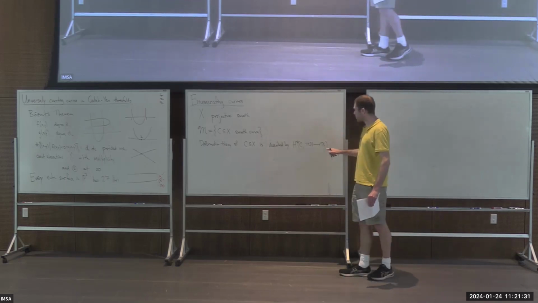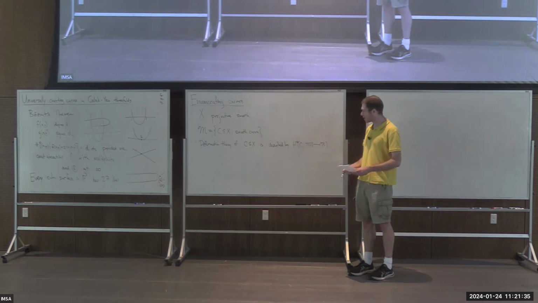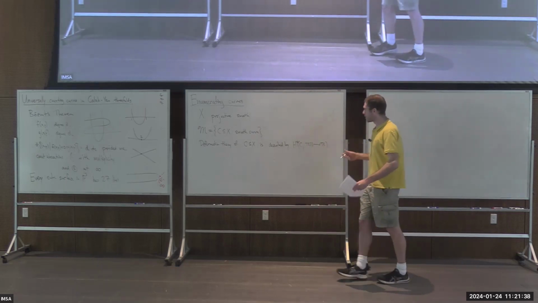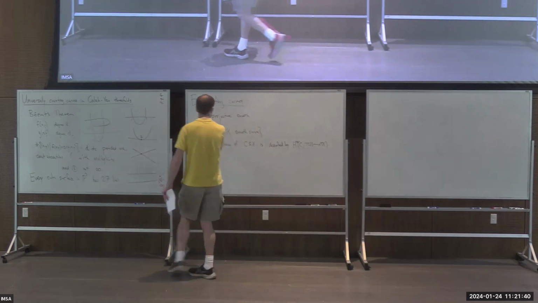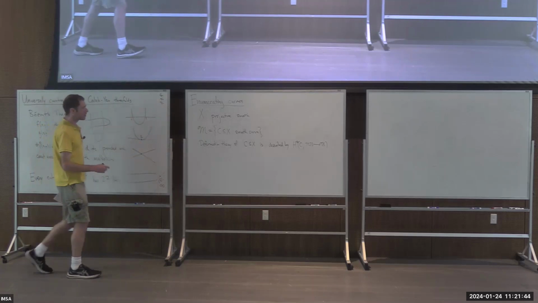And one thing you notice is that since C is a curve, this homology is supported in degrees 0 and 1. There's no higher homology. That's key to the final complex.